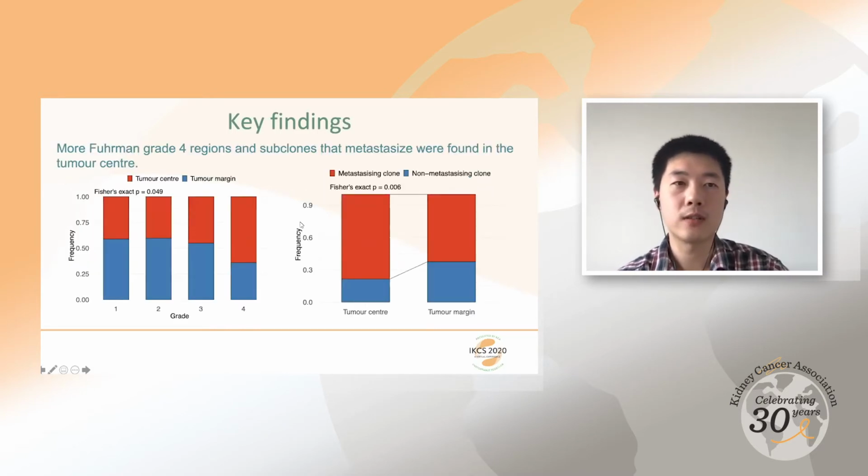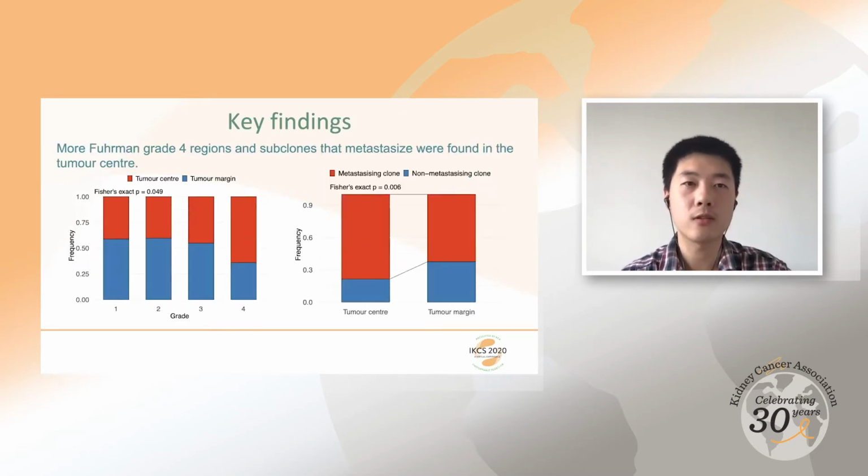And also we found that more pathological Fuhrman grade 4 regions and more subclones that metastasize were found in the tumor center.